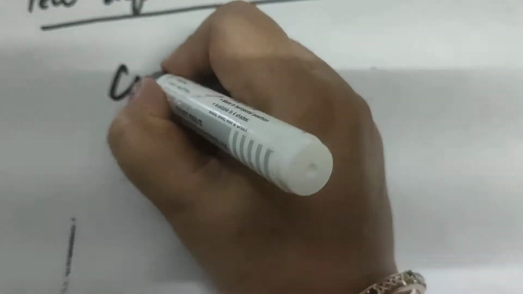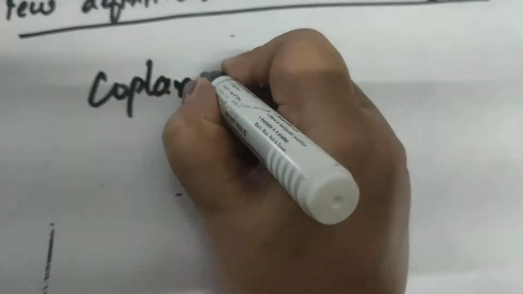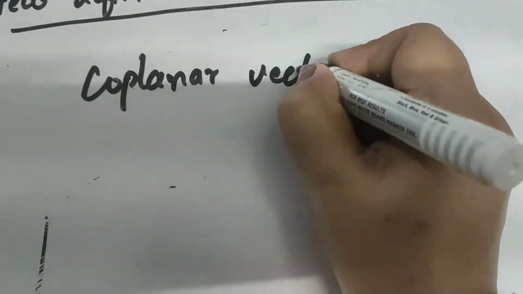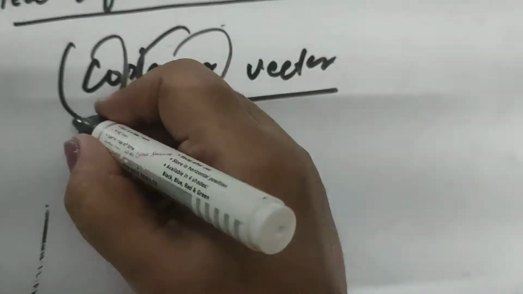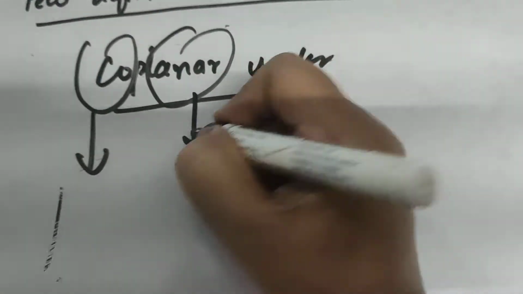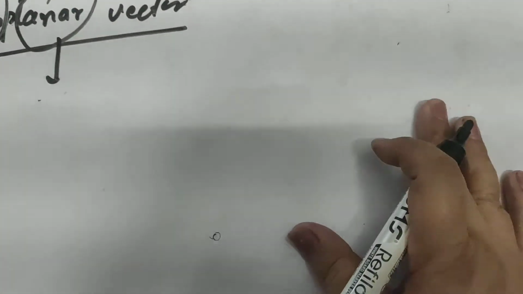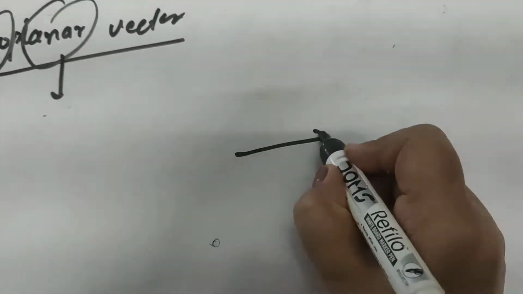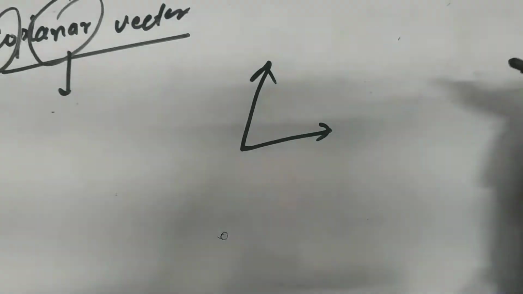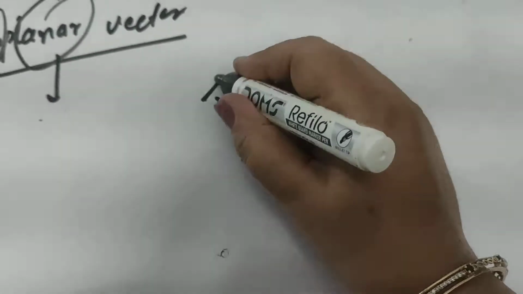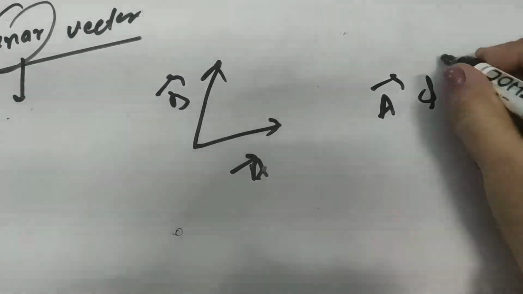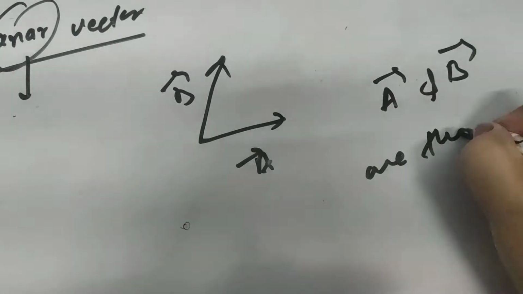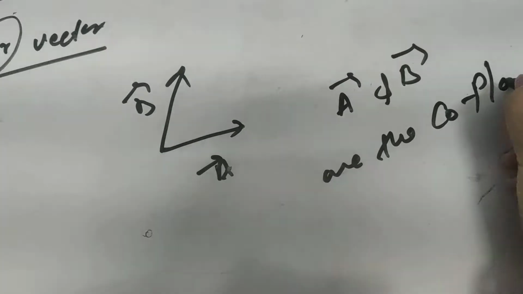Next is coplanar vectors. Coplanar, as the name explains, means in the same plane. Suppose this is the plane of paper, and two vectors A and B are associated with it, then A vector and B vector are coplanar vectors.